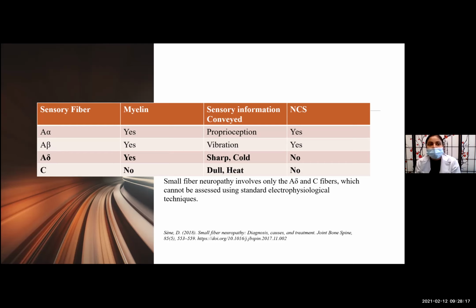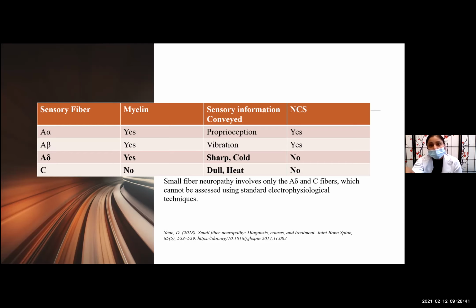How we differentiate these is how we sense. A delta senses sharp sensation and cold temperatures, while C fibers sense dull pain and heat. So these are how we can identify that the small fibers are involved in a patient.